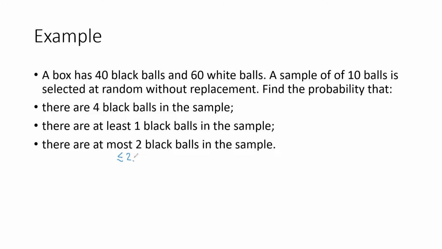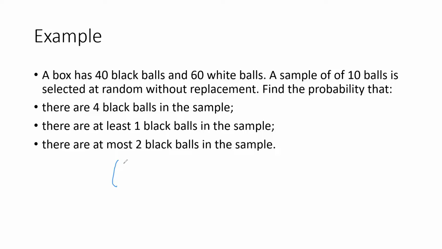You still need to analyze the event itself. So here at most 2, 0, 1, 2. It's not that bad. And the complement would involve 3, 4, 5 to 10. It's more complicated. So for this one, you don't need to use the complement rule.